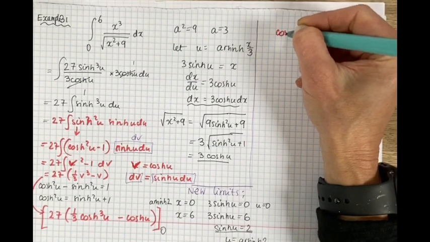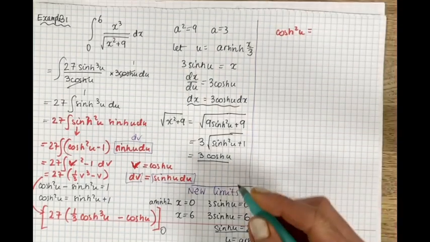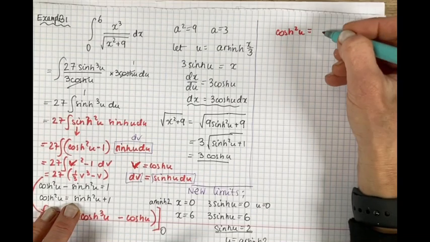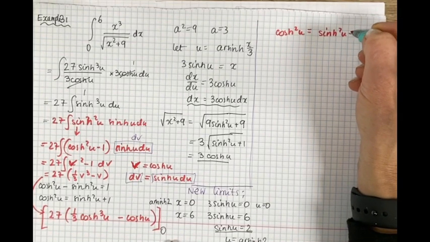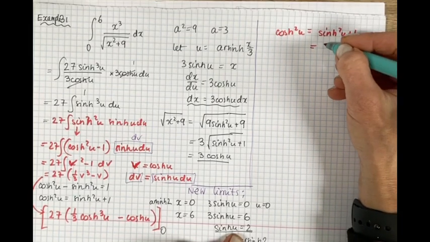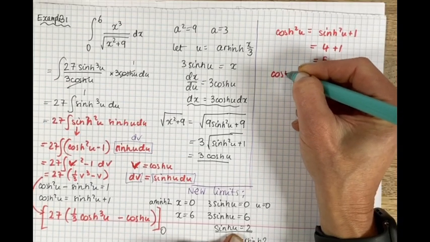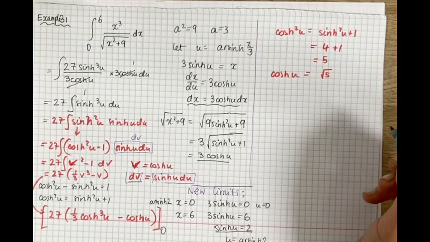So cosh squared u, using our identity from before, is equal to sinh squared u plus 1. If sinh is equal to 2, that means 4 plus 1, which is 5. So cosh u must be square root of 5. Remember, with cosh you can only take the positive answer.